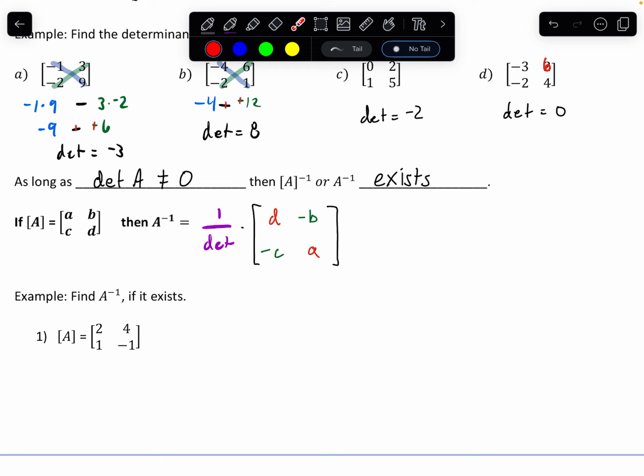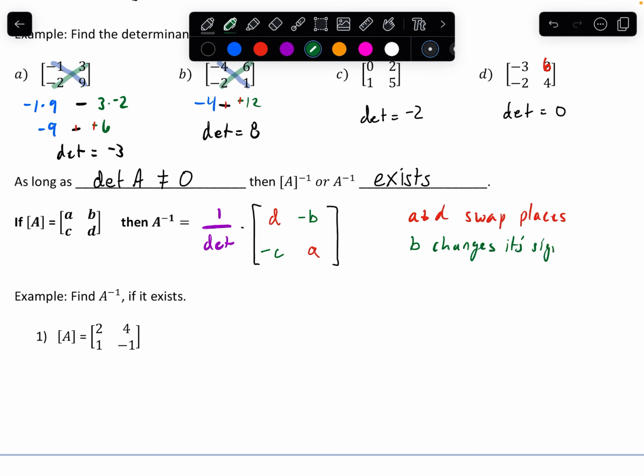So that's the part that's kind of tricky, right? Remembering the motion, like these two switch places. So I'm just writing that out: A and D swap places, and B changes its sign, and then C also changes its sign.